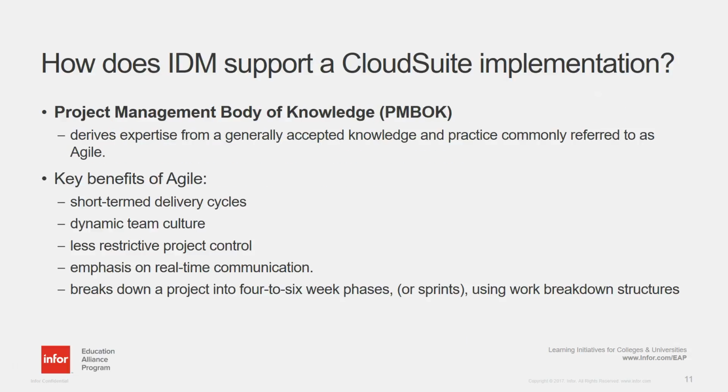First, we'll talk a little bit about PMBOK. It is derived from a commonly referred to methodology also known as Agile. Agile is known for short delivery cycles, dynamic team cultures, which is good for international and global projects, less restrictive project control, and real-time communication.